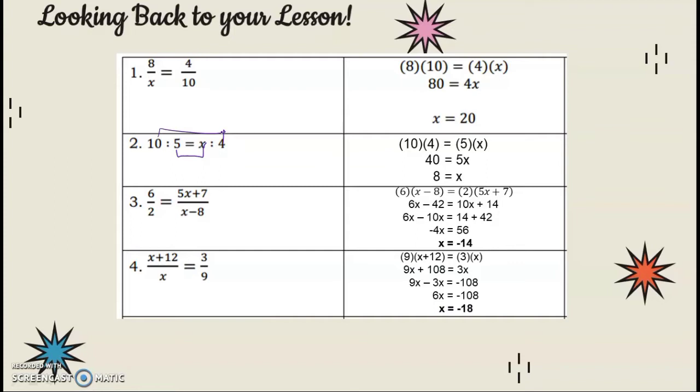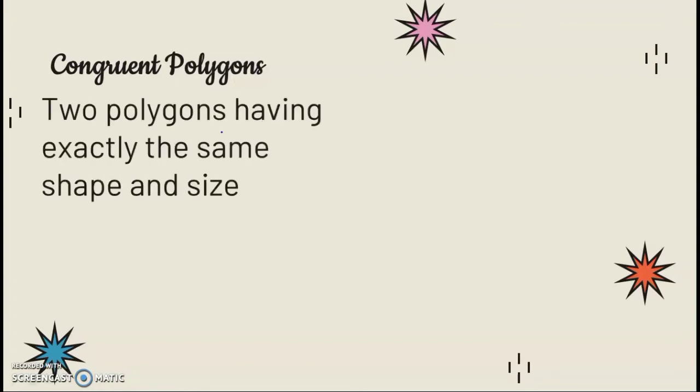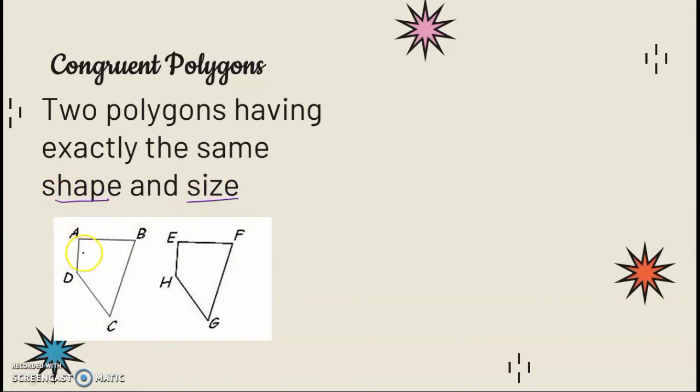Okay. So, similarity of polygons. Let us define first, ano bang ibig sabihin ng congruent polygons or ano ba yung kaibahan ng congruent polygons sa similar polygons? So, pag sinabing congruent polygons, it involves two polygons having exactly the same shape and size. Example nito is ito.